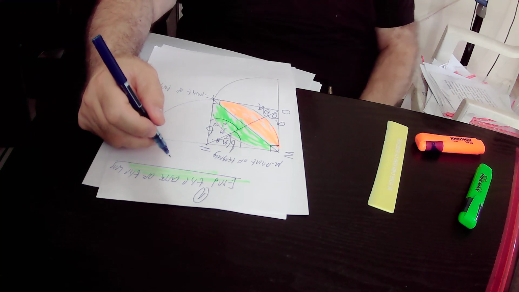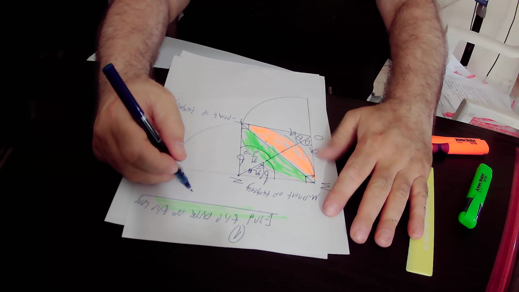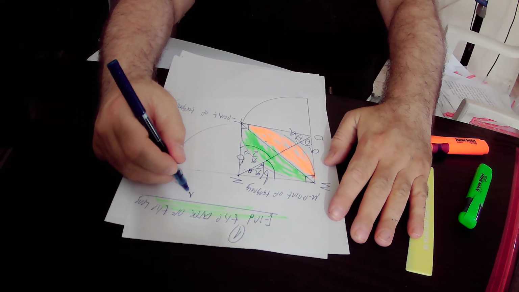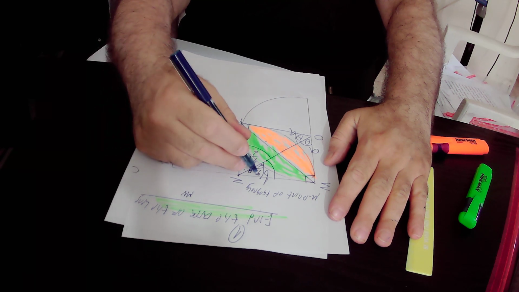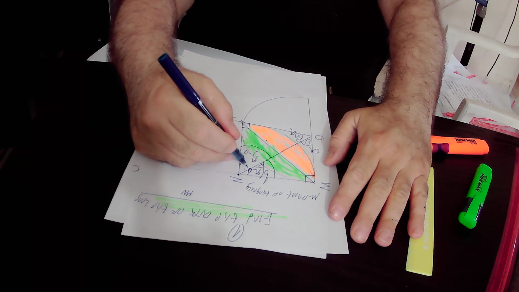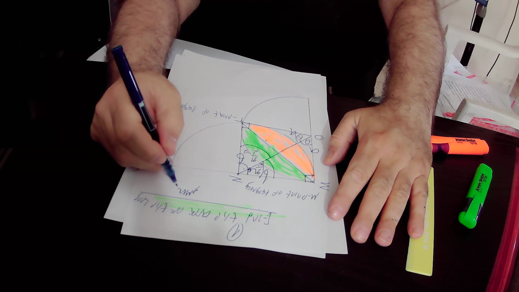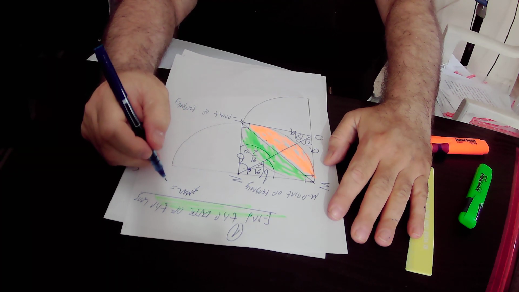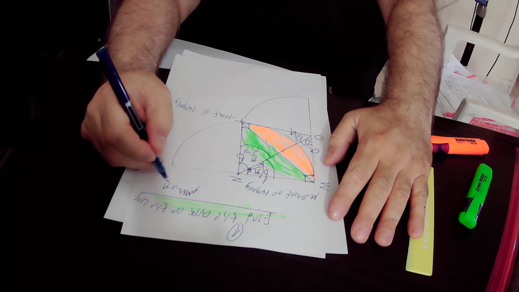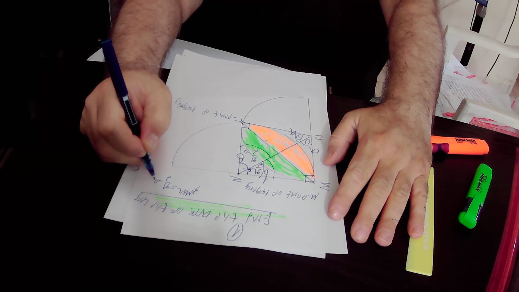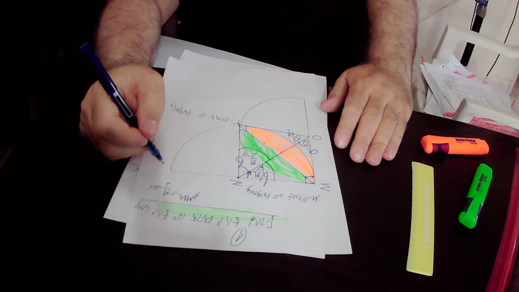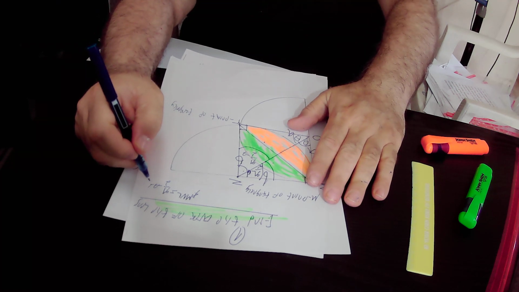So the size of angle MOL, that is actually this angle, will be equal to pi over 2 minus theta plus pi over 2 minus theta.